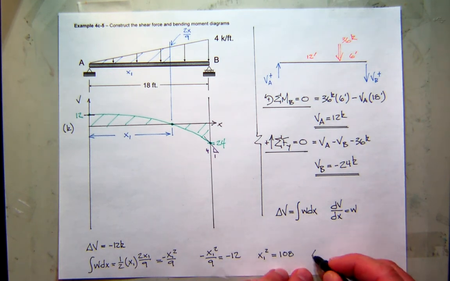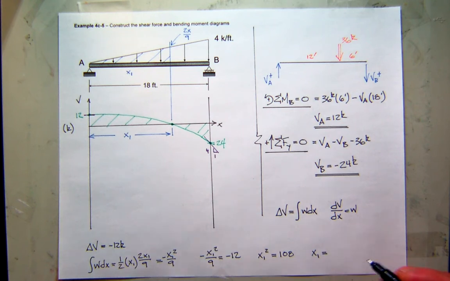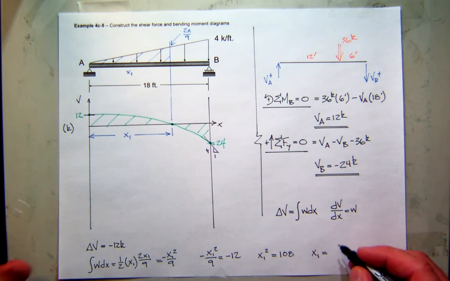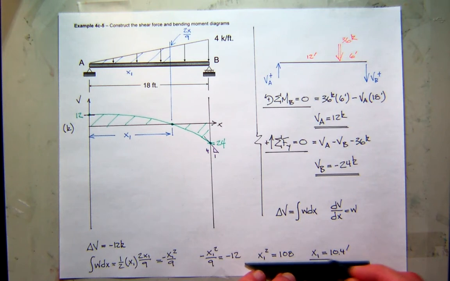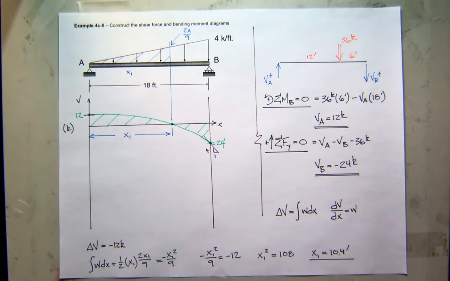And what's the square root of 108? I don't know that off the top of my head. 10.4. Is that what 9 times 12 is? That's 108, isn't it? Yes. So what'd you get? 10.4. So I now know what that distance is.